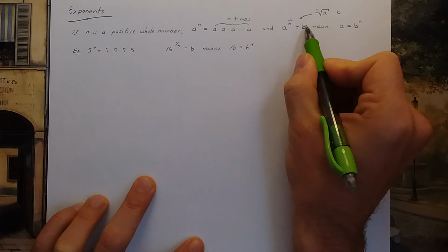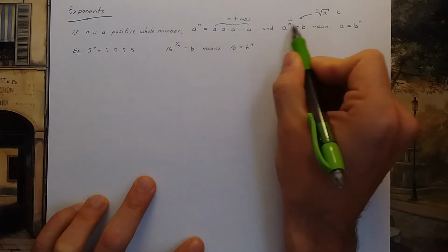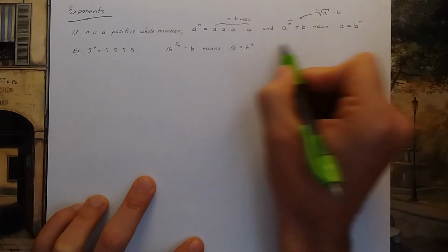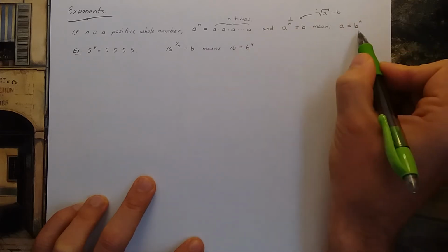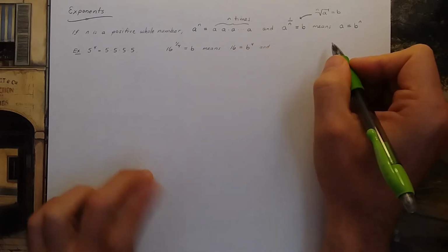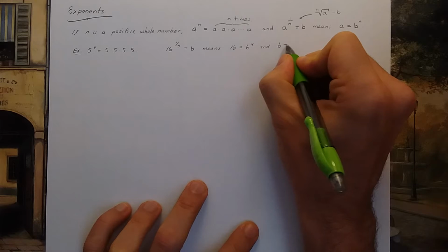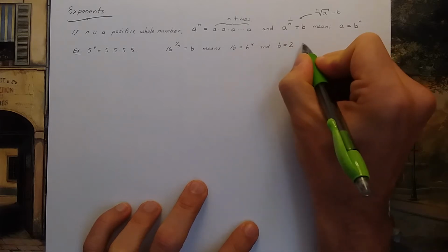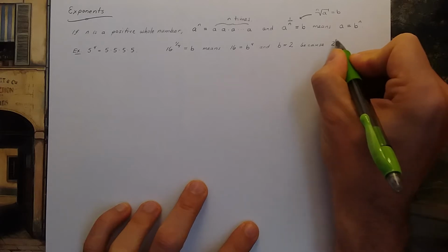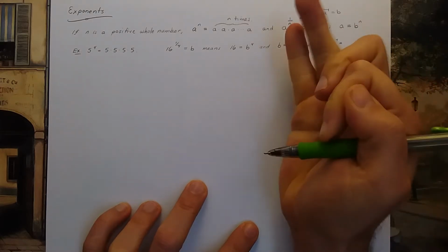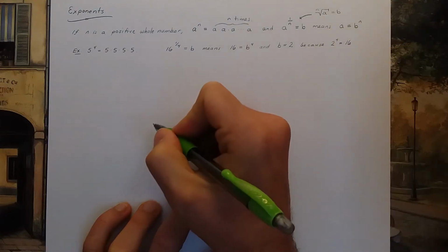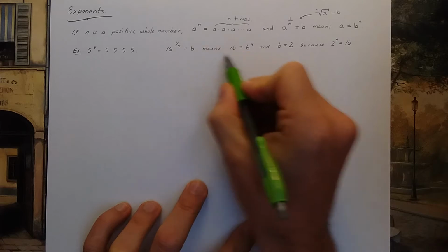So I'm using this relationship here with a equals 16 and n equals 4. So I can write down what this is, and by maybe trial and error, we could see that b is equal to 2 because 2 to the 4th power is 2 times 2 times 2 times 2. That is 16. So 16 to the 1/4 power is 2.